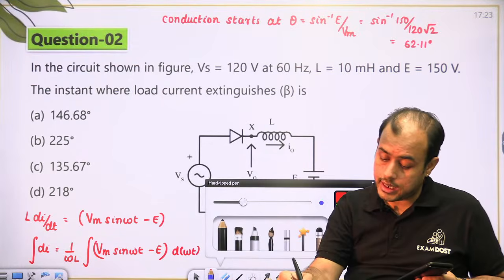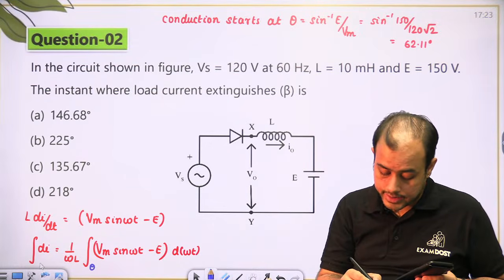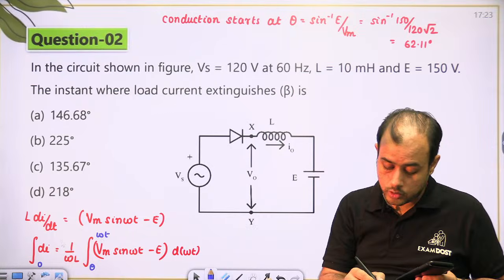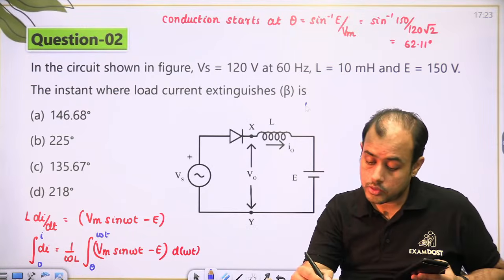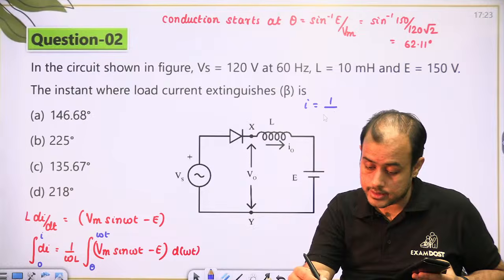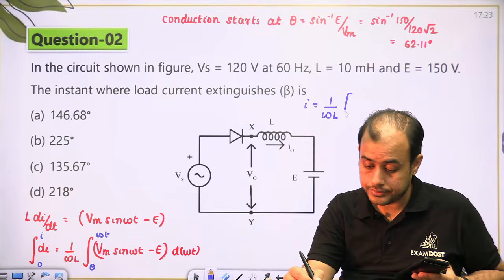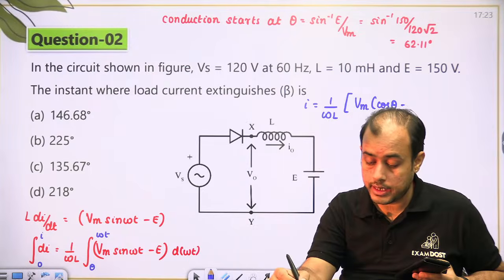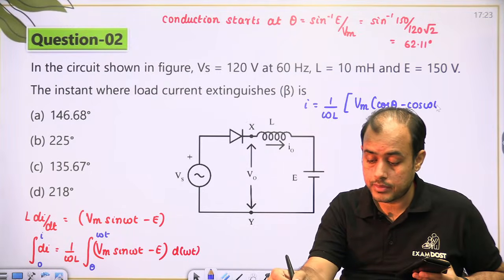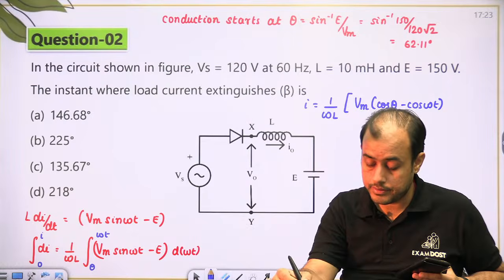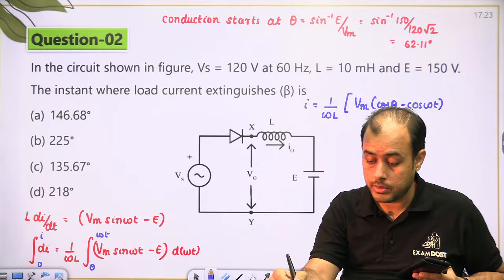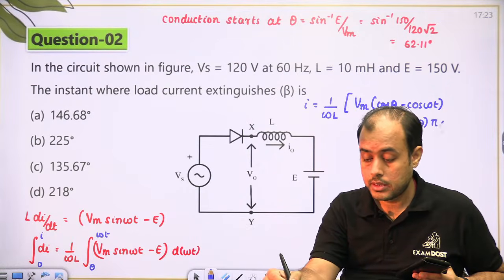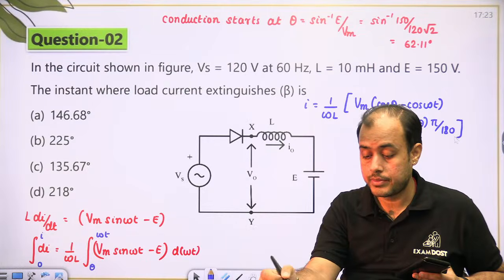Now at theta the conduction starts, current is 0. At omega t it is I. So integration of LHS is I. Vm cos theta minus cos omega t minus E omega t, from theta to pi by 1/8.